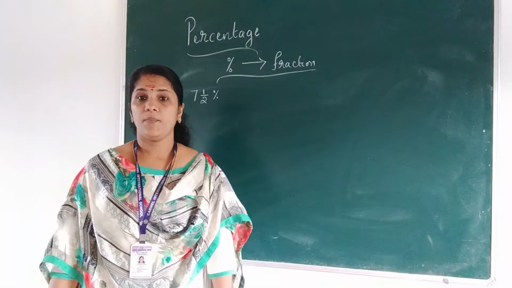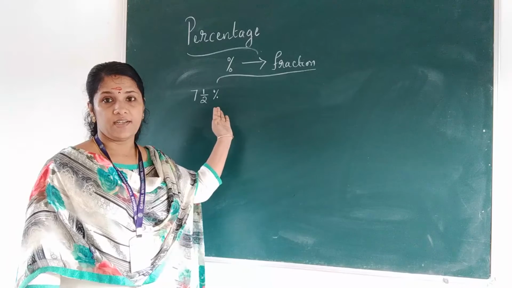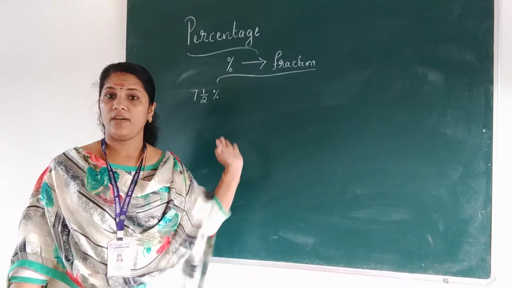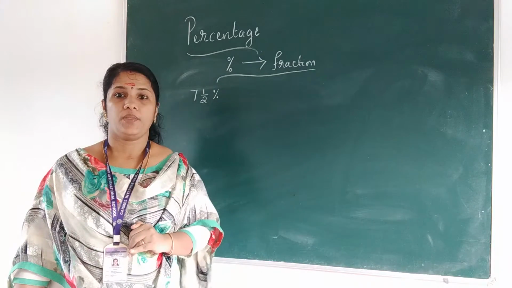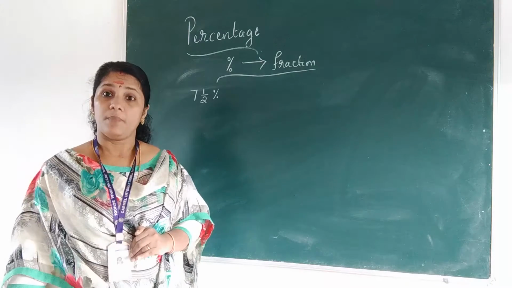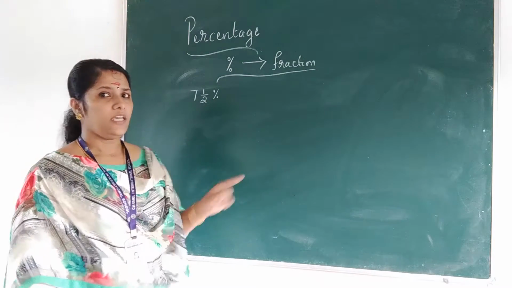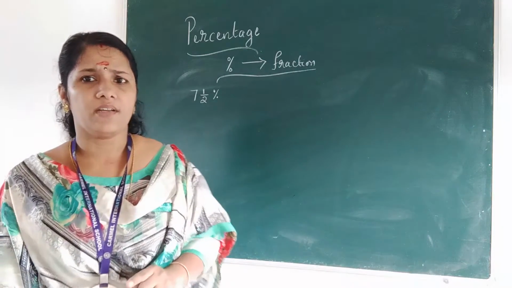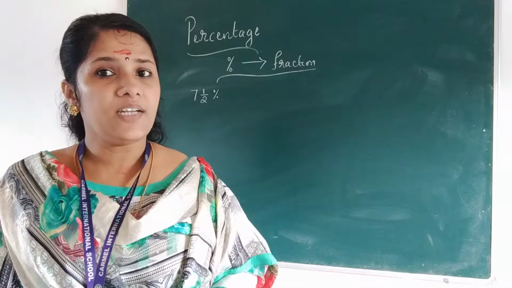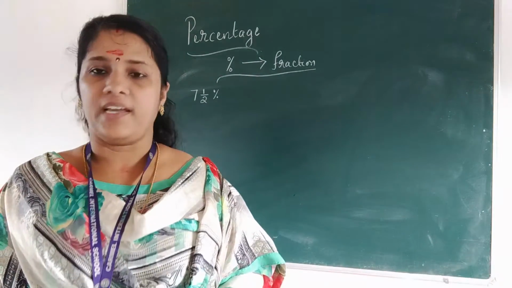Let us do another problem. Here, one mixed number is given: 7 1 by 2%. We have to convert it into fractional form. The same procedure we need to repeat. But before that, here comes the mixed fraction. If the mixed fraction arises, what will we do? Yes, we will convert the mixed fraction into improper form, correct?